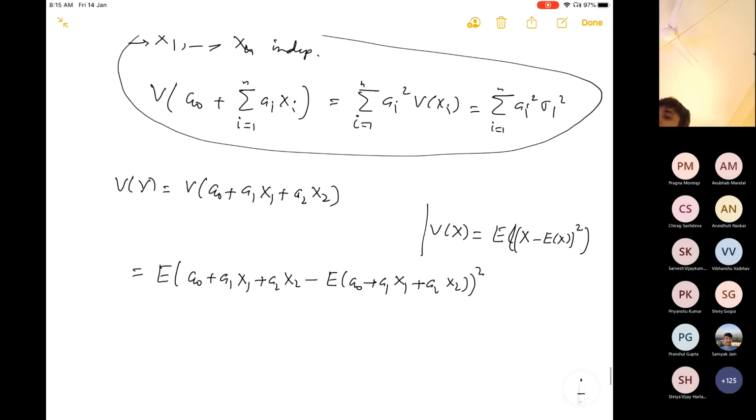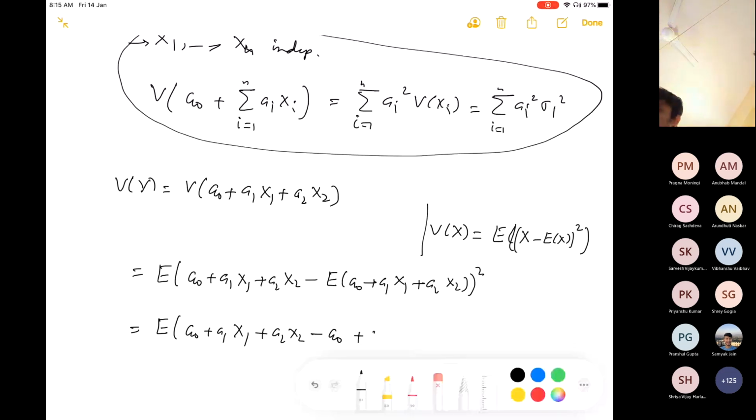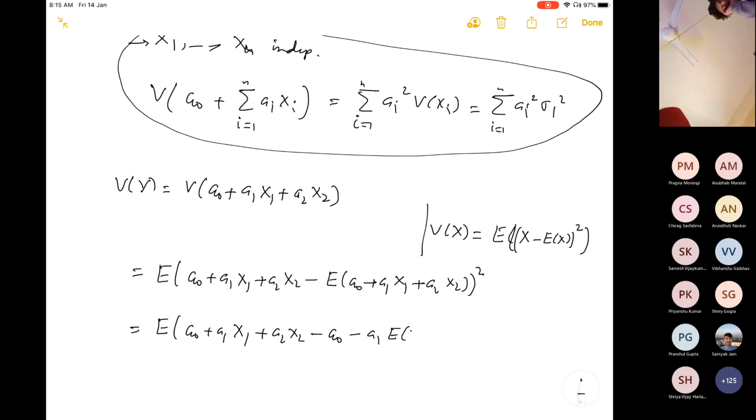So this will be the expectation of a naught plus a1 x1 plus a2 x2 minus a naught minus a1 expectation of x1 minus a2 expectation of x2, whole square, because of the previous result also.